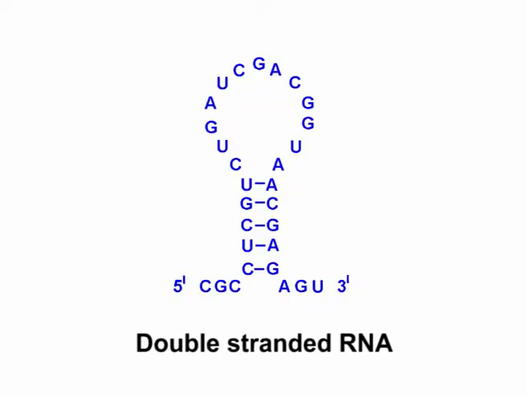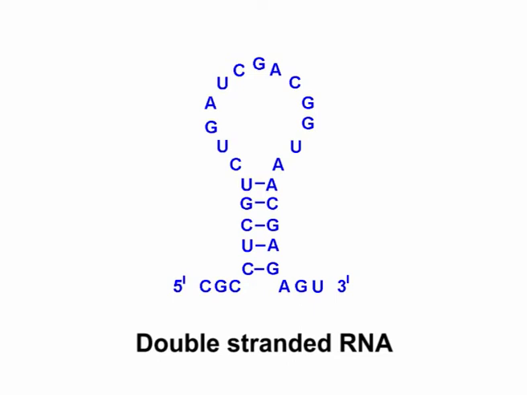RNAs are usually single-stranded, but many RNA molecules have secondary structure in which intramolecular loops are formed by complementary base pairing. A simple example of this is shown in the figure on the screen, and much more extensive and complex examples are also known. Base pairing in RNA follows exactly the same principle as with DNA.